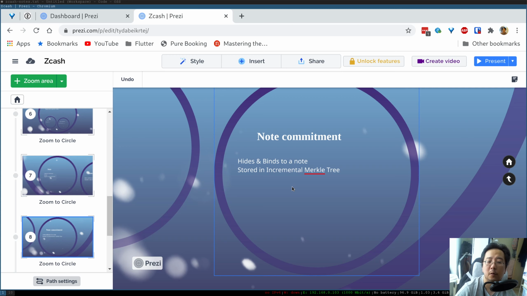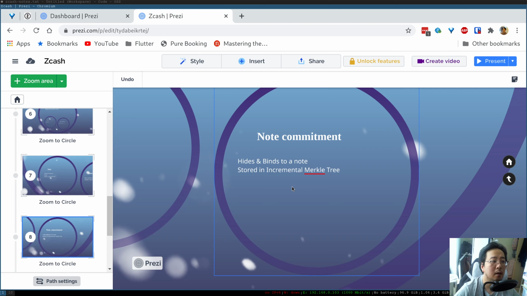Therefore, you would know where that note commitment is in the tree. And everybody agrees on the order of insertion of these notes. So everybody has the same Merkle tree, with the same placement of these note commitments.